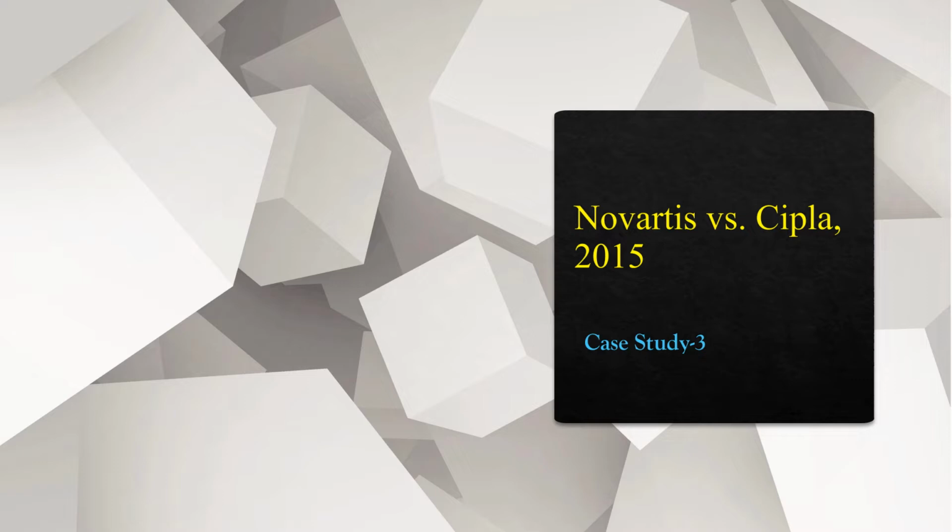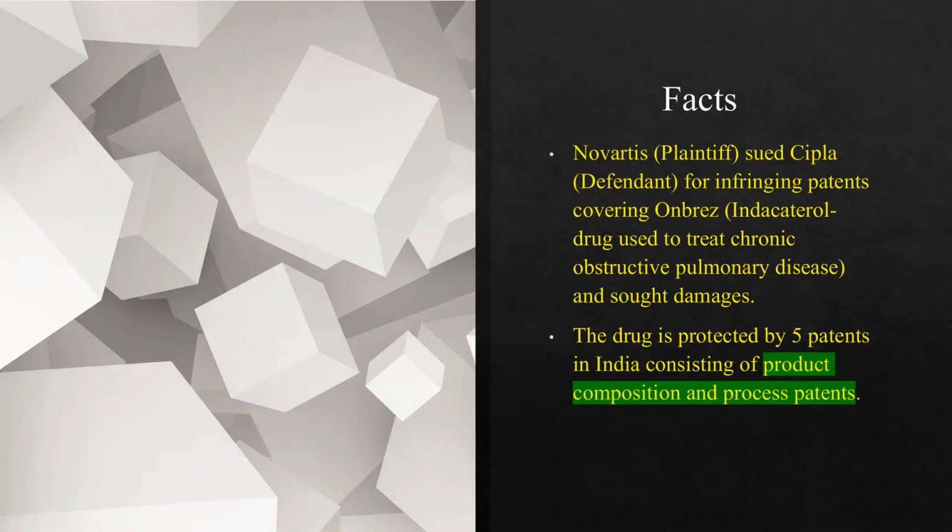Case study number 3. The topic is Novartis versus Cipla 2015. And friends, we know that both of these are very renowned companies. So let us proceed with the details. Now, facts. Point number 1: Novartis, who is the plaintiff, sued Cipla, who is the defendant, for infringing patents covering Onbridge.